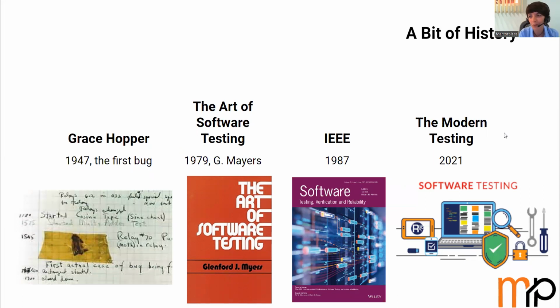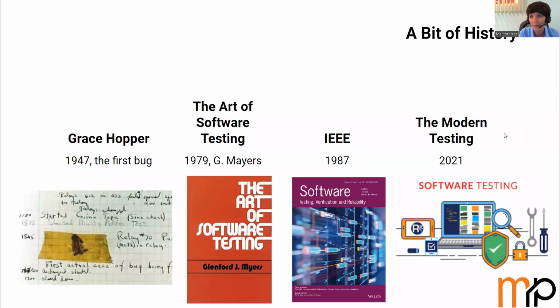Probably you all know the event that opened a new page in software development, and this page is called software testing. In 1947, there was a woman named Grace Hopper. She lived in the US and worked for the US Army.